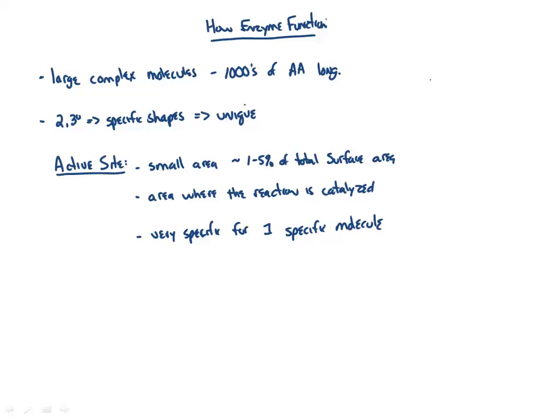And so my way of drawing or thinking about enzymes is I usually think about them as something like this, where that little triangle represents the active site and the square block represents the rest of the enzyme. Now realize that it doesn't look like a square block and it doesn't have a little triangular shape. They have very complex shapes.